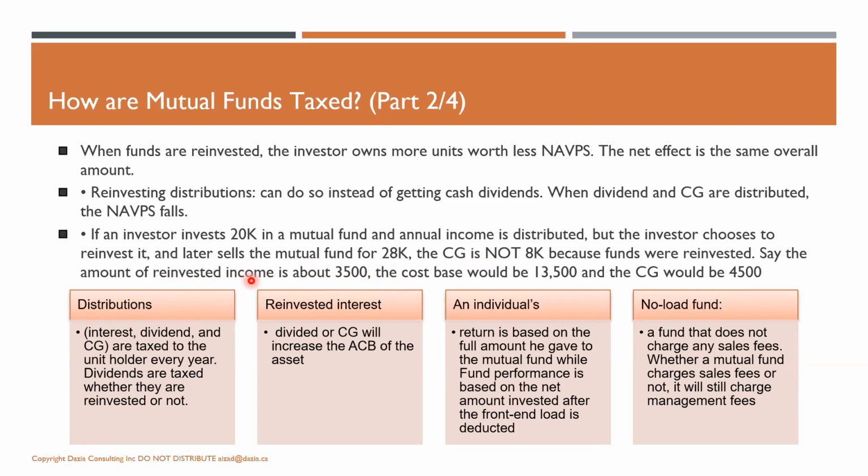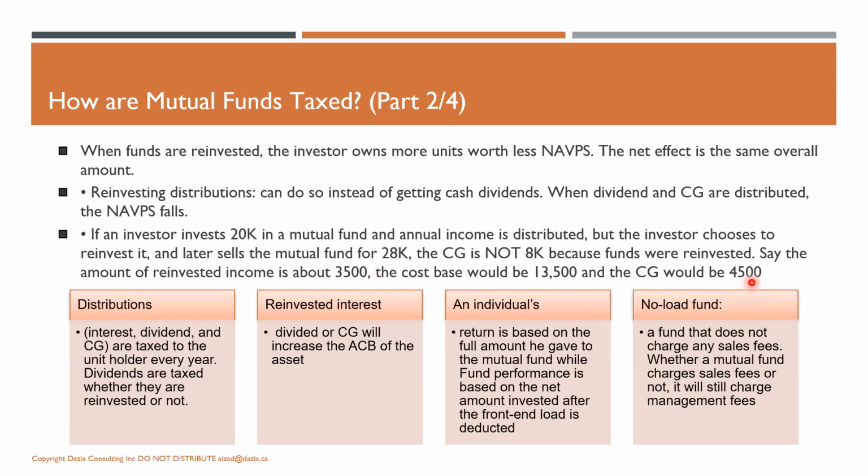Think of it as a bonus, like the dividend that they get from the mutual fund. The reinvestment that they did was they took that money and they bought more shares. So 8,000 minus 3,500, you will get the difference of 4,500. Okay, clear?